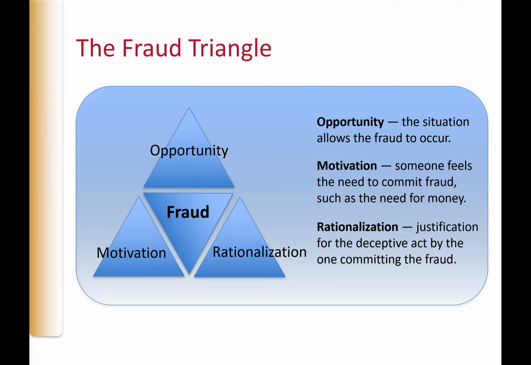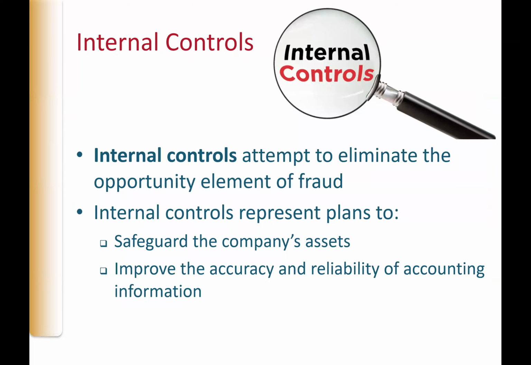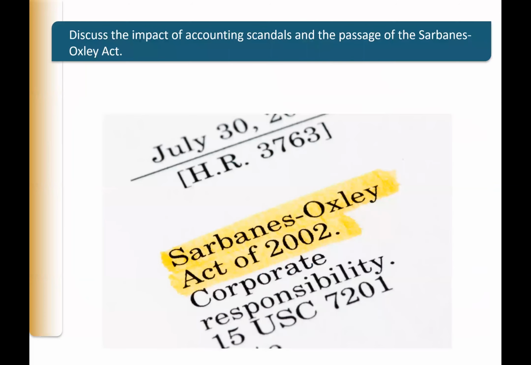But what a company can attempt to eliminate is the opportunity for the situation to occur, which is why we're talking about internal controls. Internal controls attempt to eliminate the opportunity element of fraud. What internal controls will do is safeguard the company's assets and ultimately improve the accuracy and reliability of accounting information.